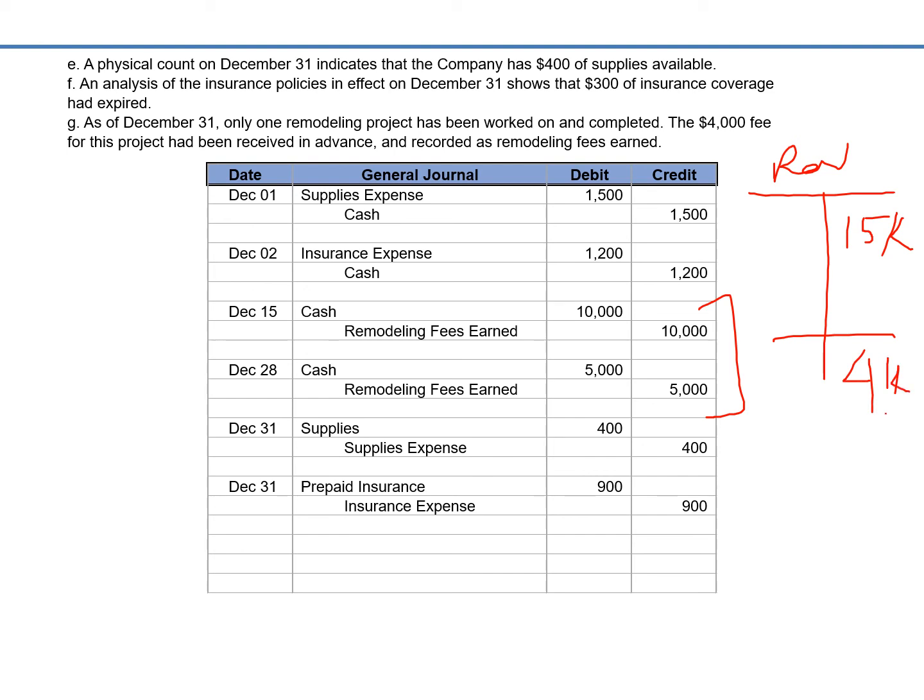And so in order to get $15,000 down to $4,000 in a revenue account, revenue accounts are decreased with debits. So we need to record a debit to remodeling fees earned of $11,000 and a credit to unearned remodeling fees liability account for $11,000.